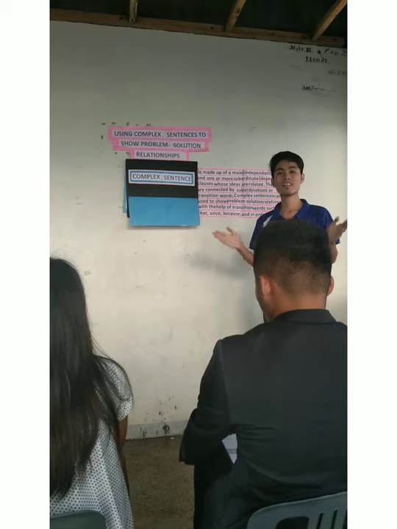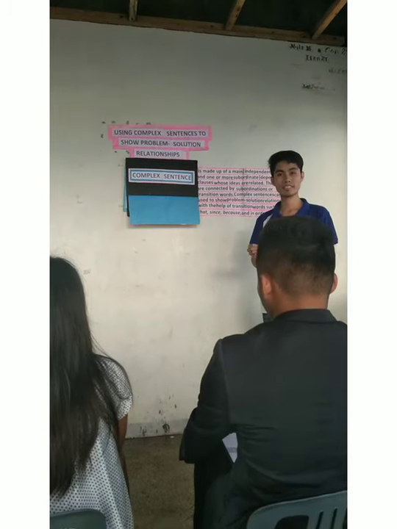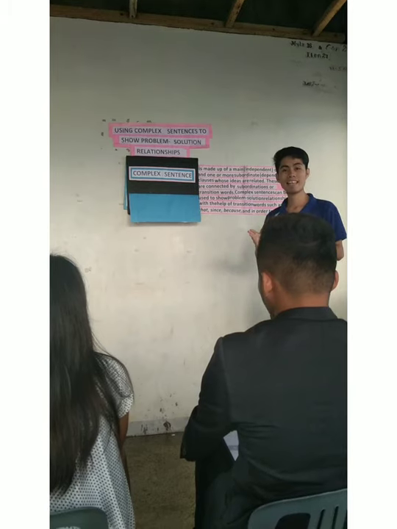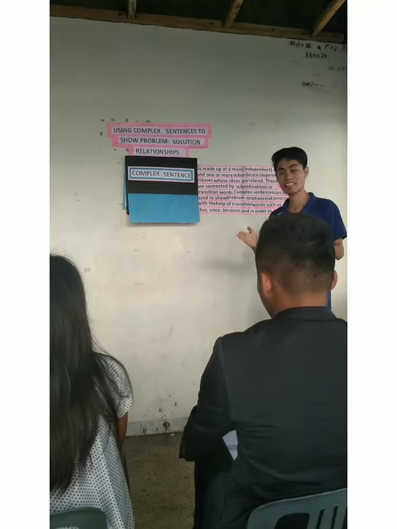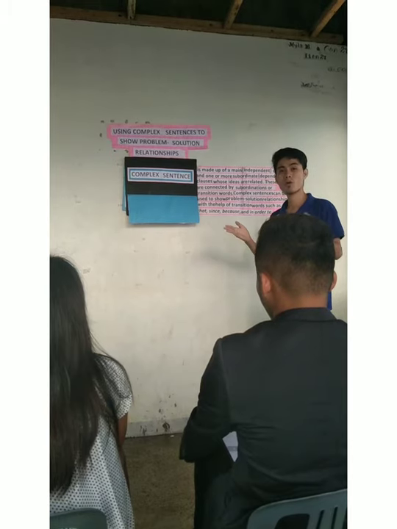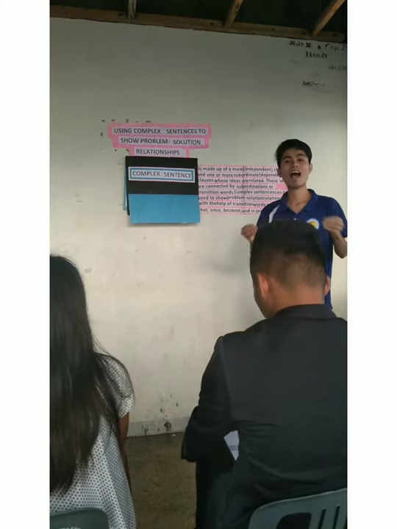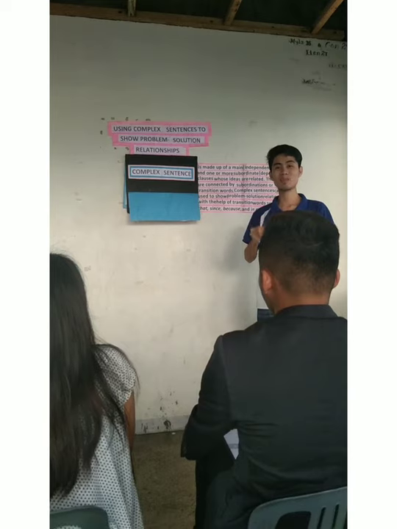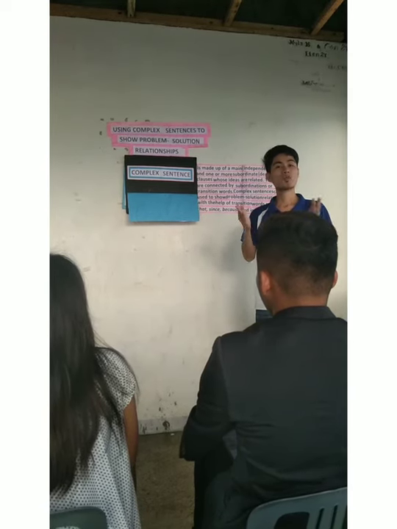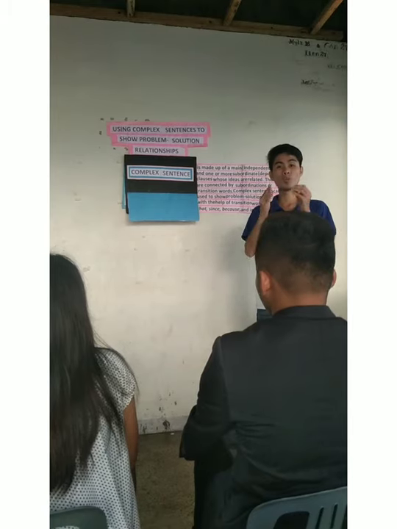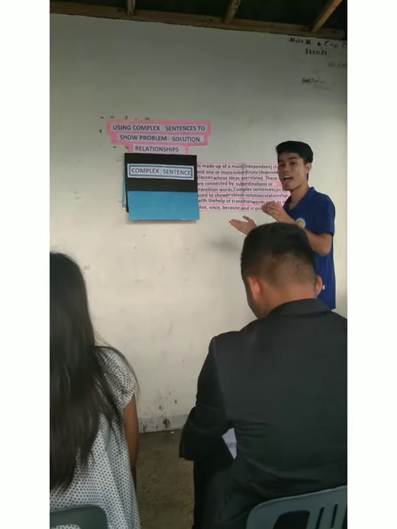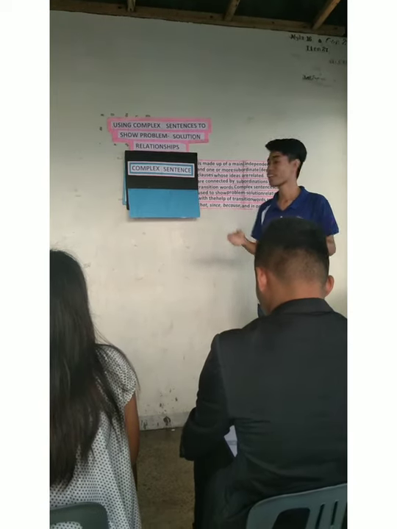Now, what are these transition words? These transition words are so that, since, because, and in order to. Again, a complex sentence is made up of a main or independent clause and one or more subordinate or dependent clauses whose ideas are related.